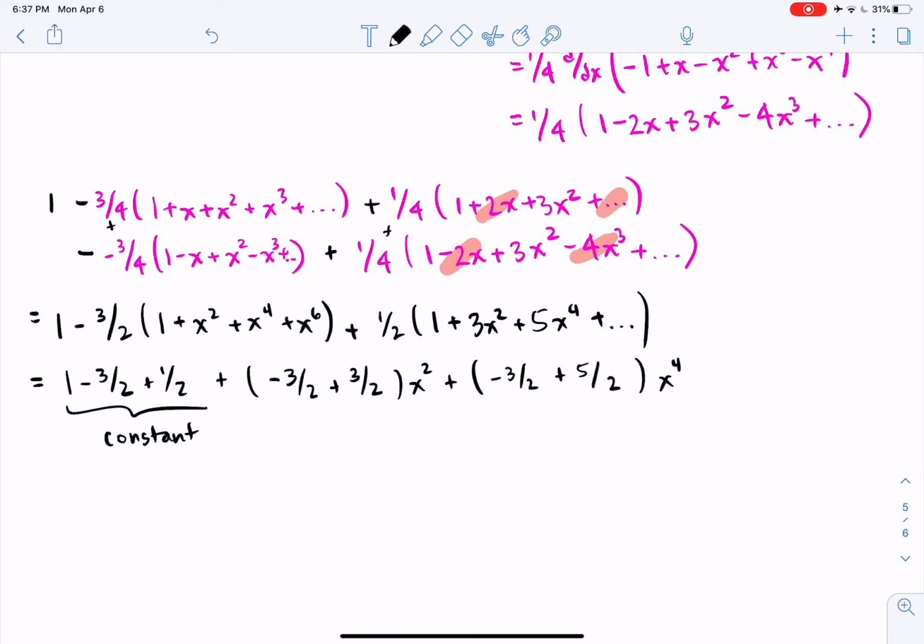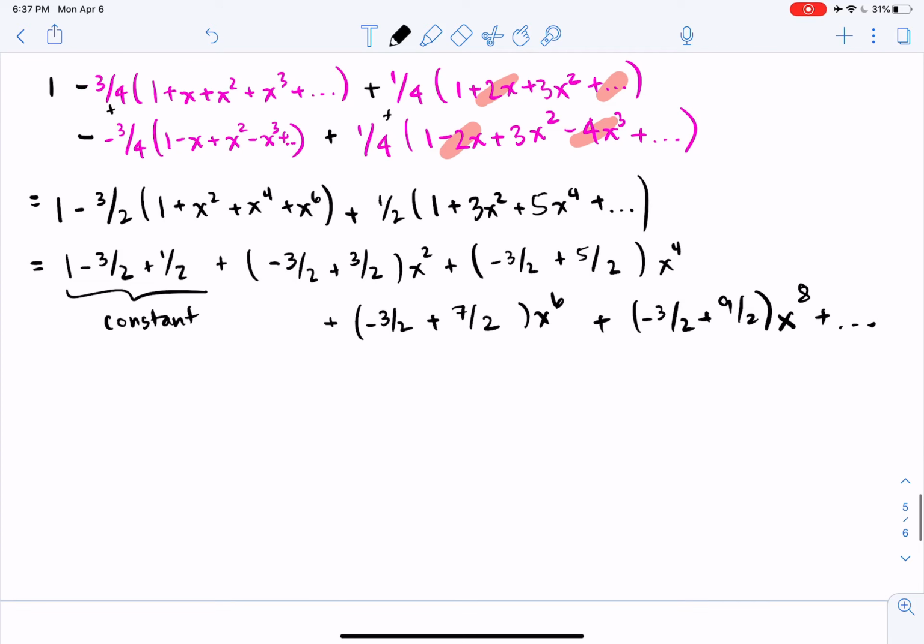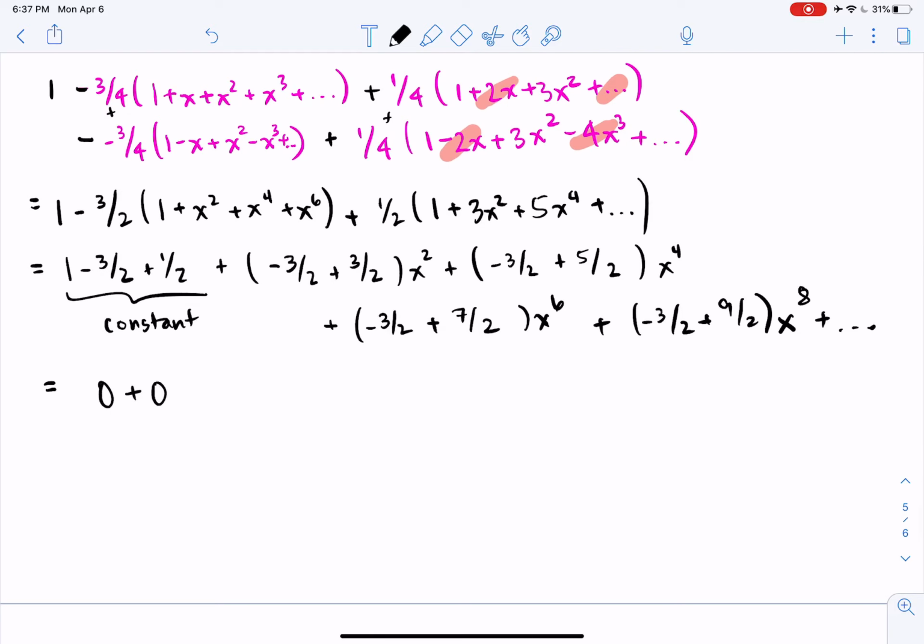Let's just do one more, just so we believe what's going on here. So on the left-hand side, we will have a negative 3/2 x to the 6th, and then the term that you can't see here has a coefficient of 7/2 x to the 6th. All right, so this pattern continues. We'll have negative 3/2 plus 9/2 times our x to the 8th term, etc. How is all this going to reduce? Well, our constant term reduces to 0. Our x squared term reduces to 0. Our x to the 4th term reduces to 1.